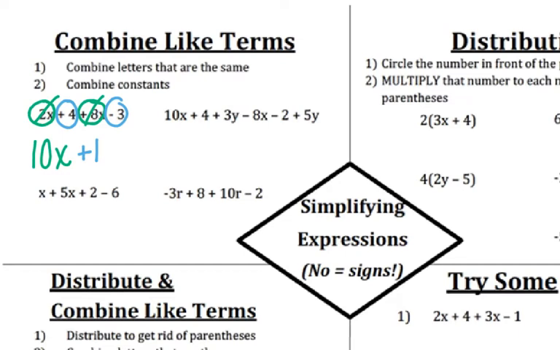Okay, let's try the next one. In this example here, we have 10 X's, and we have minus 8 X's. They're the same letter, so those are like terms. What would 10 X's minus 8 X's be? 10 minus 8 is 2 X's. The next letter, we have Y's. Remember, I'm circling it with the sign that comes with it.